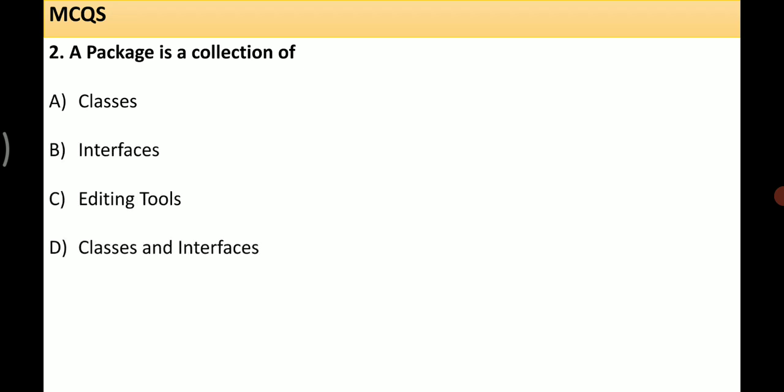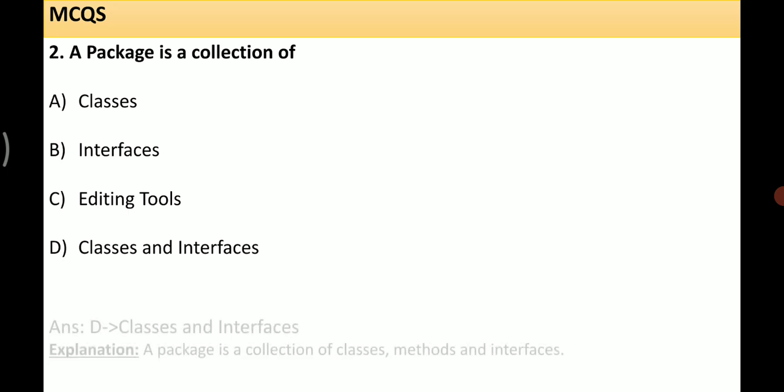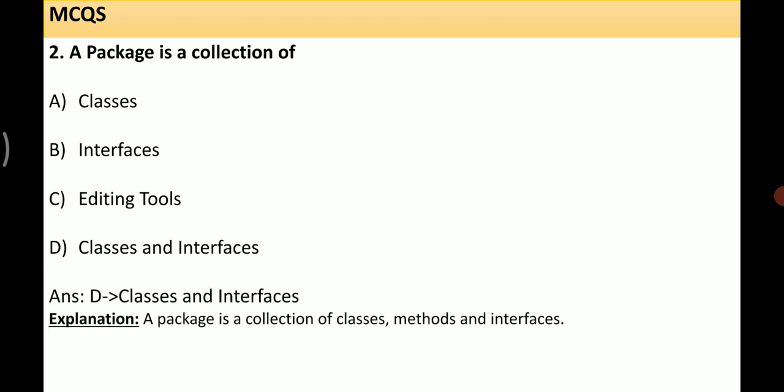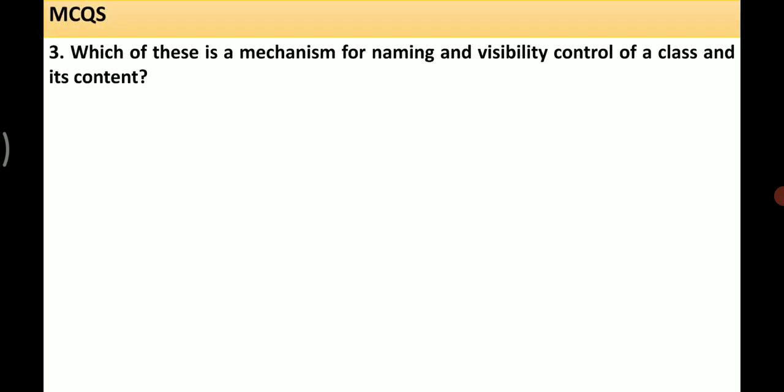Next question we'll see: a package is a collection of, and we have the options classes, interfaces, editing tools, and classes and interfaces. The correct answer for this is option D, classes and interfaces. So we know that a package is a collection of classes, methods, and interfaces. The third question is, which of these is a mechanism for naming and visibility control of a class and its content?